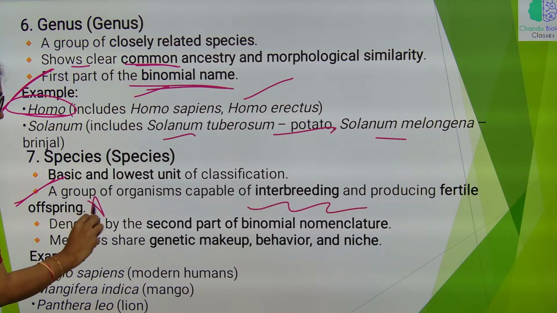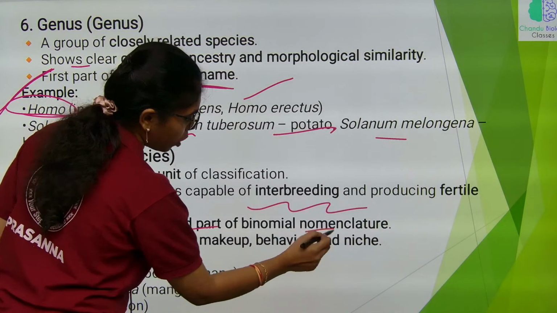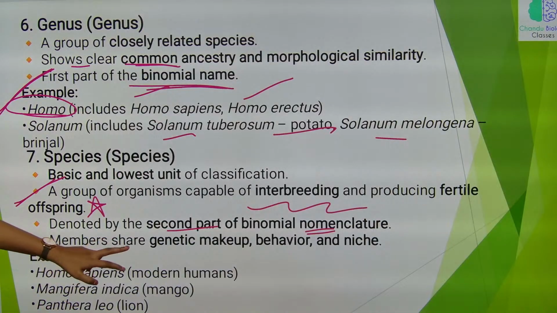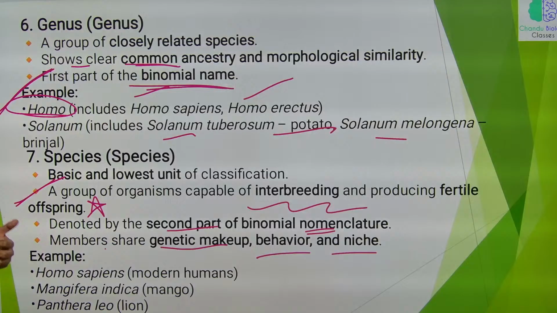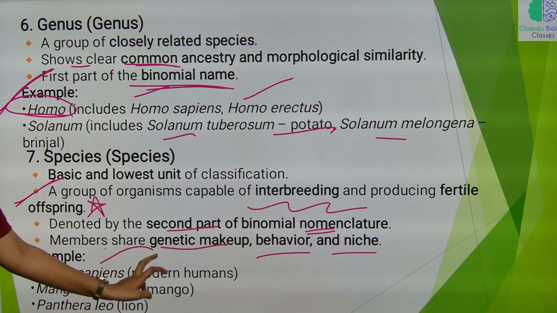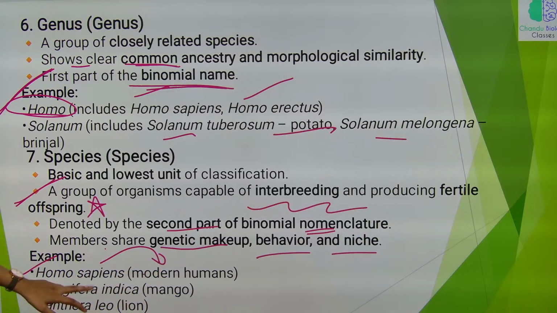That is very important because quite a few times the question is asked only on the biological species concept. This is denoted by the second part of binomial nomenclature. Members share genetic makeup, behavior and niche, which is common. Examples: Homo sapiens, modern humans, and then Mangifera indica, mango, Panthera leo, lion.